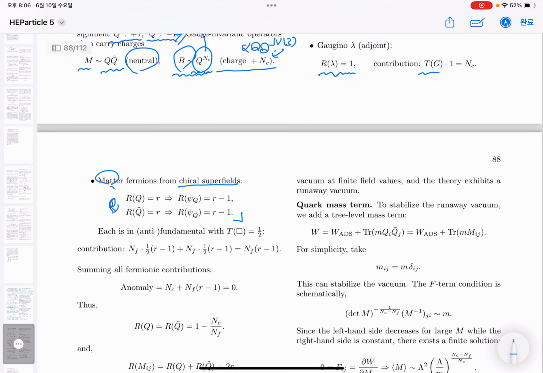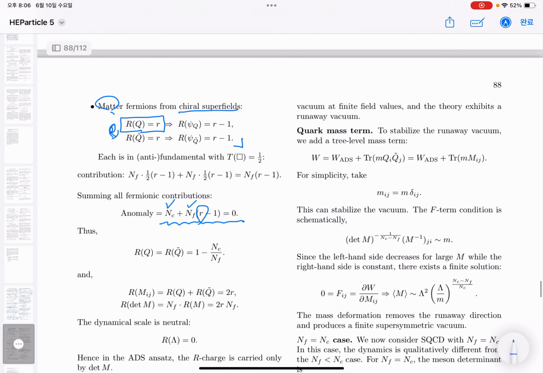So if we consider all the anomaly conditions, summing over all the contributions from the gauge and the matter fields, the anomaly cancellation condition reduces to the following form, as a function of the number of colors, the number of flavors, and the R charge of the matter field, small r. By solving this equation, we can obtain the R charge of the matter field as a function of the number of colors NC and the number of flavors NF.